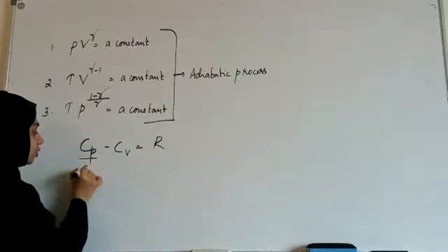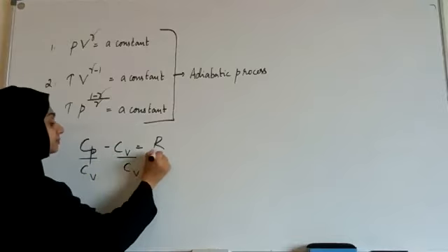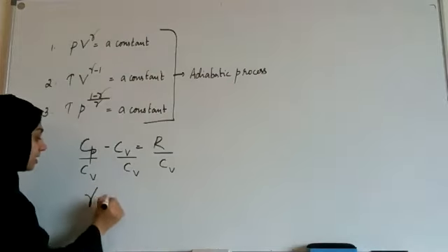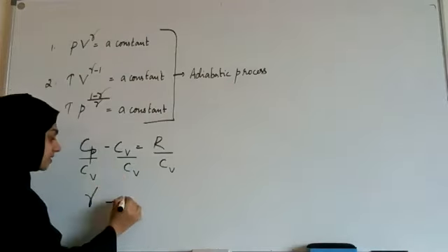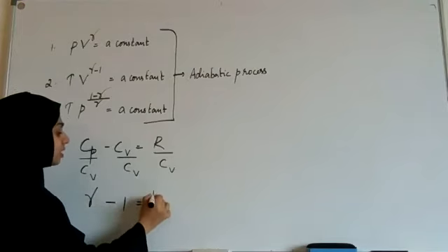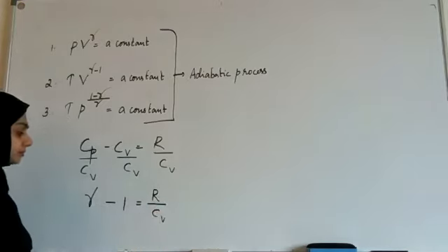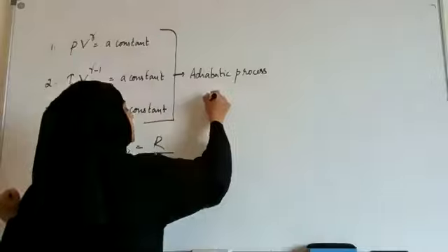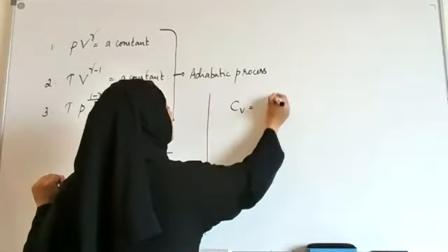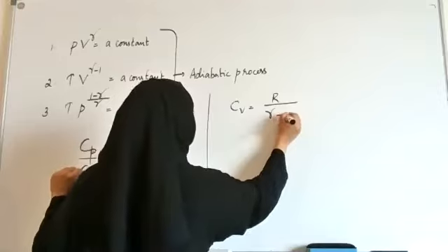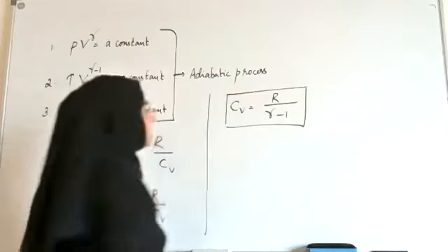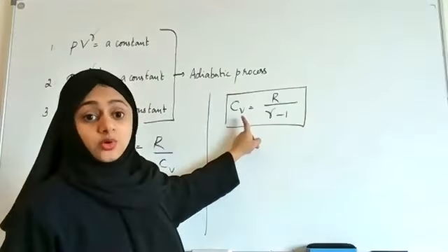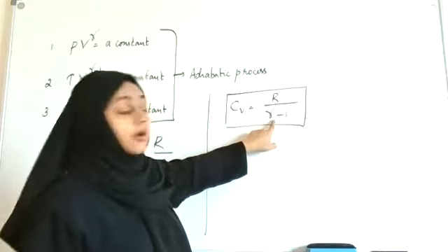So the equation becomes Cp by Cv, which is gamma, minus Cv by Cv, which is 1, is equal to R by Cv. Taking Cv to this side, gamma minus 1 will go to the other side. So Cv is equal to R by gamma minus 1. So this is the relation between the molar specific heat capacity at constant volume and gamma.